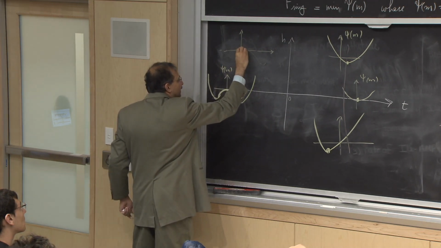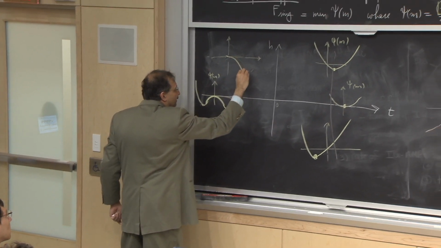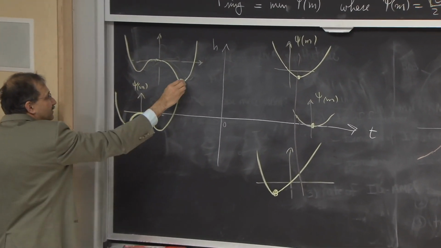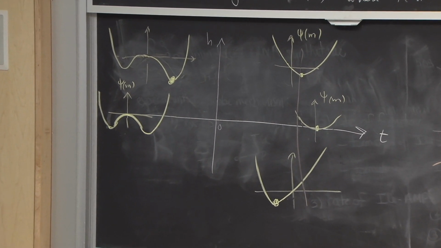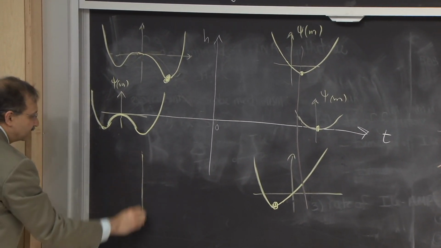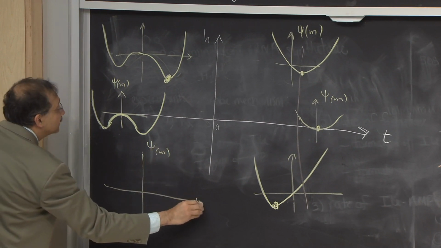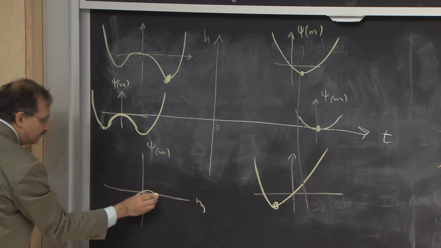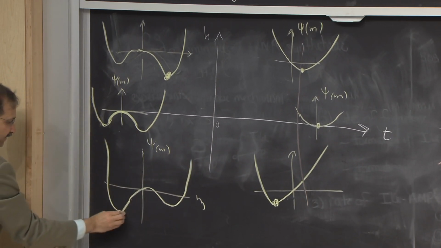I start to go like this. So now there is a well-defined minimum over here. If I go to negative fields, I will get the opposite, where I have this.